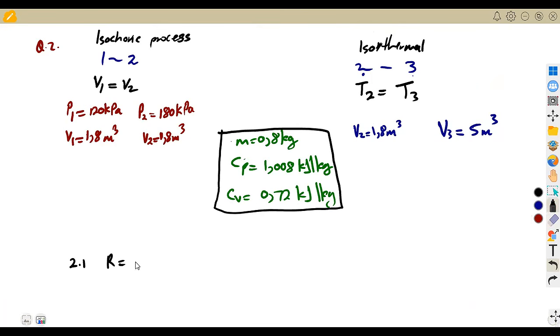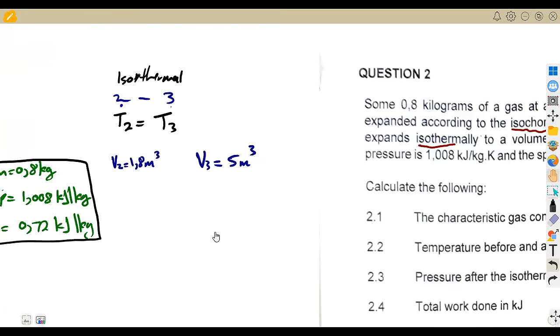So R is equal to Cp minus Cv. We're going to subtract, whereby our Cp is 1,008 minus Cv, which is 0.72. That gives us the value of R, which is 0.288 kilojoules per kg. That was how we're supposed to calculate the value of R in this case. That's 2 marks for that.